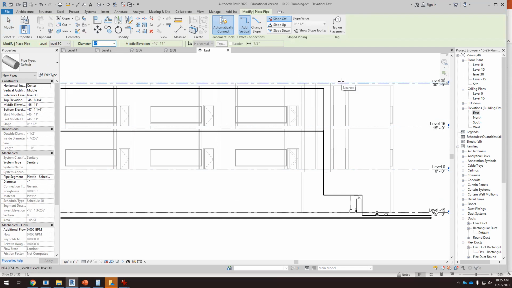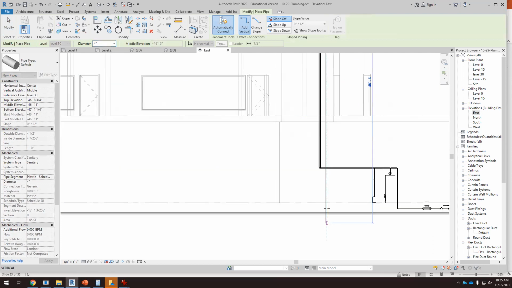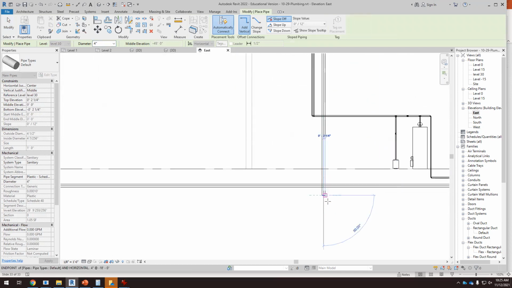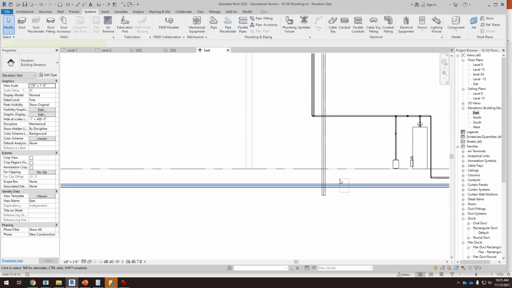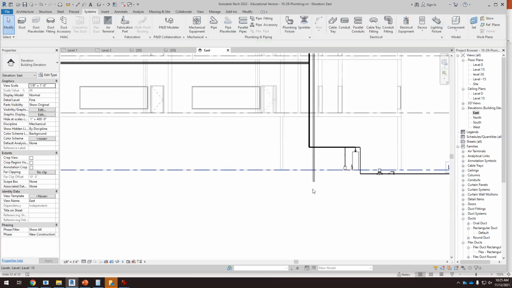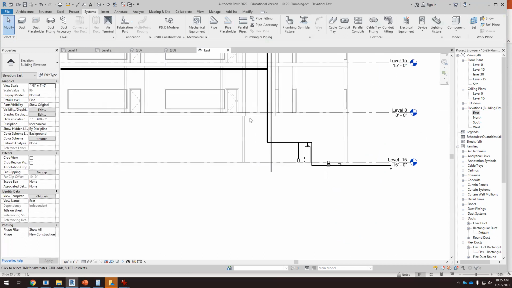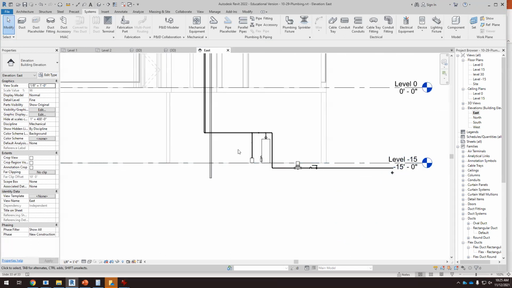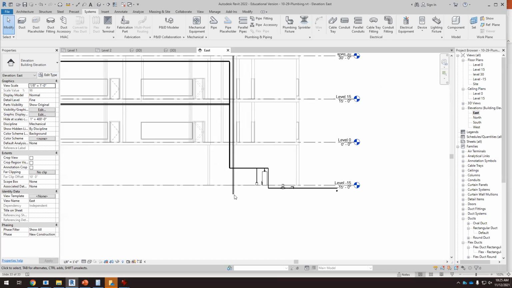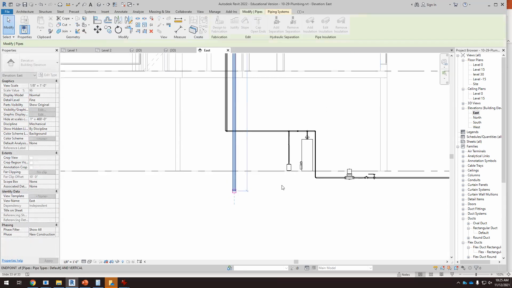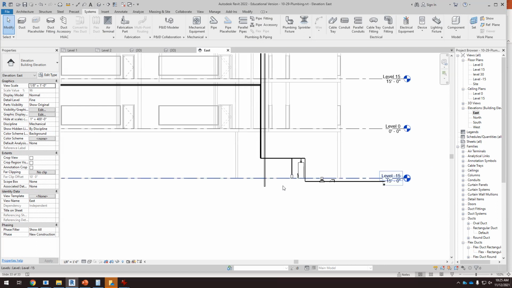And it has to go from this point, well, here, and I want to extend this underneath level 0. Okay, so this has to be underground. So you have to go all the way from the roof all the way down, sorry, to underneath the level -15, the basement slab.